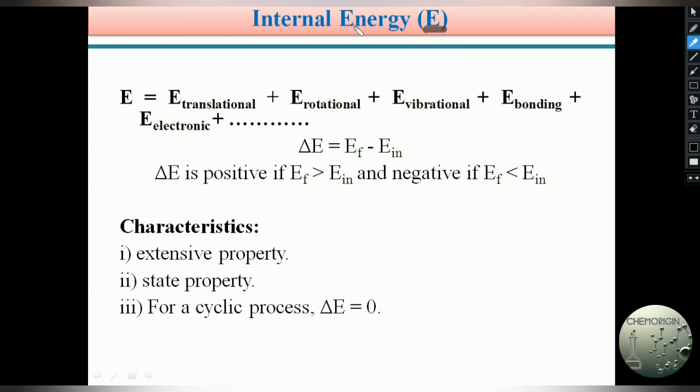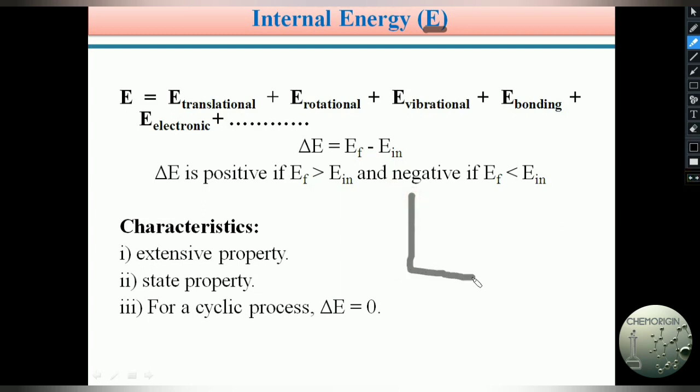So what is this internal energy? Internal energy of a system is the total energy present in the system. Dear students, for example, you can take one cylinder. This is your cylinder.